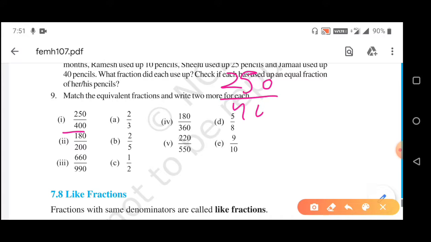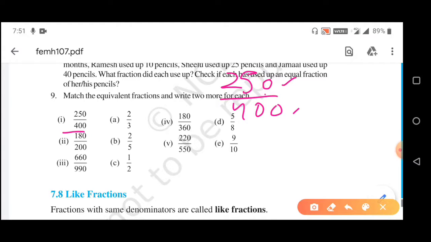250 by 400. Whenever you have zeros in the ones places, both of the numbers have zeros, then we can cut it by 10. Otherwise, if we start dividing the numbers by a smaller number, that means from 2, then it will take longer to solve.